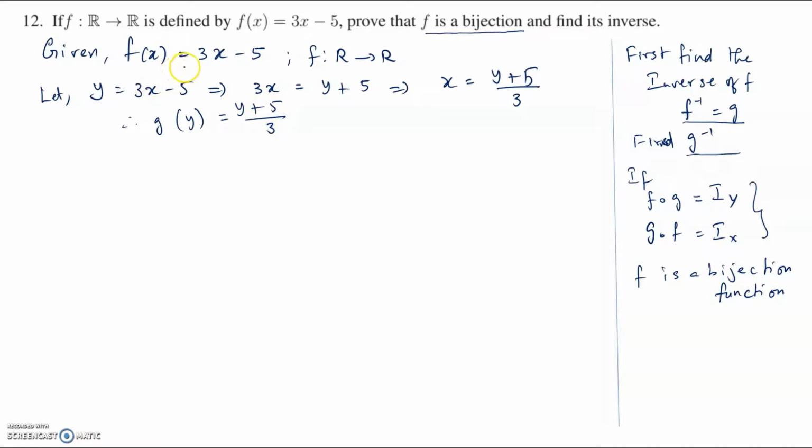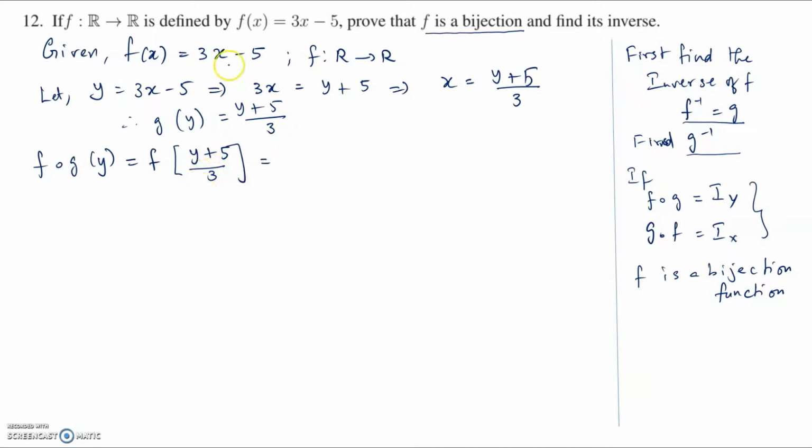So we now have f and its inverse function, which is g of y. So let's find f of g of y.